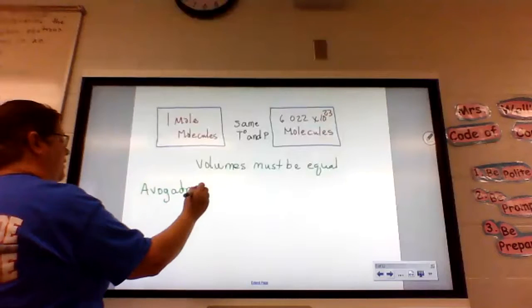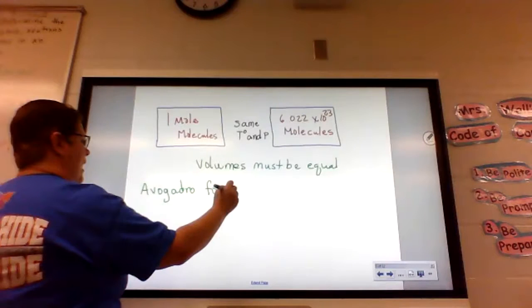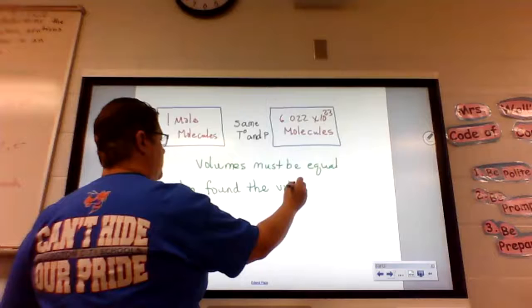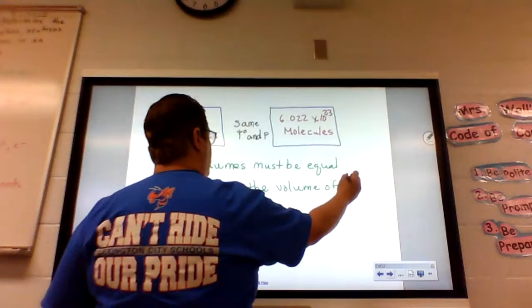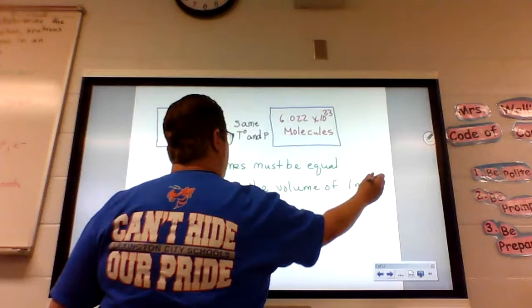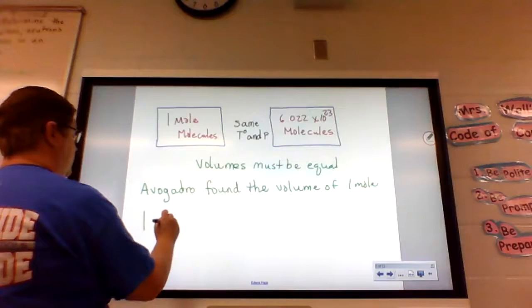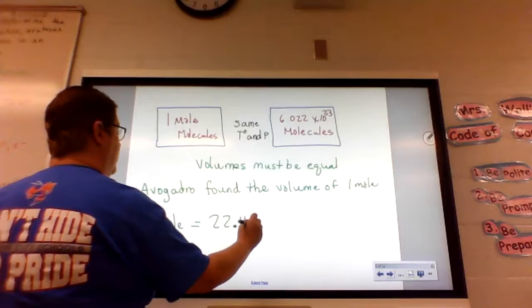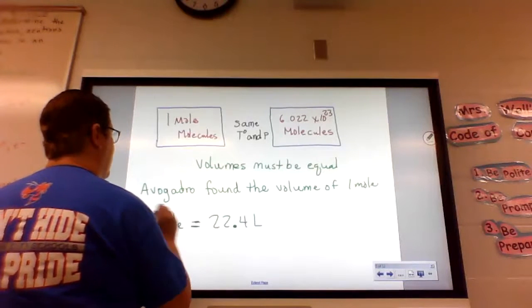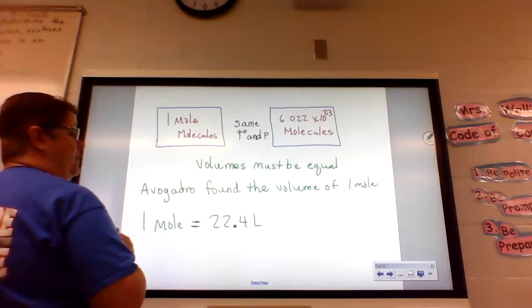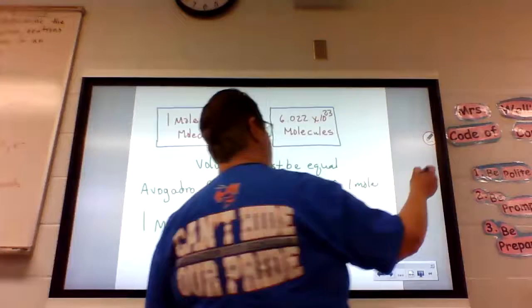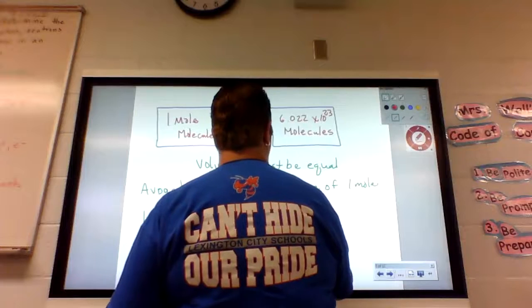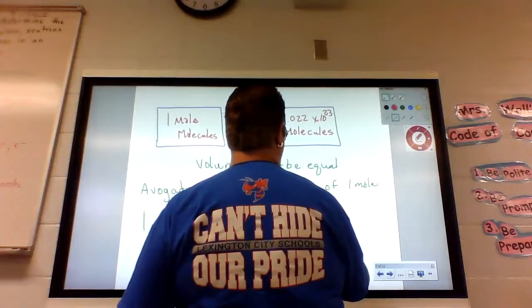Avogadro found the volume of 1 mole. 1 mole equals 22.4 liters. Now, you had to put a stipulation on there. Not only does it have to be at the same temperature and pressure, what temperature and pressure did he have to use? That's right. You have to use standard temperature and pressure.